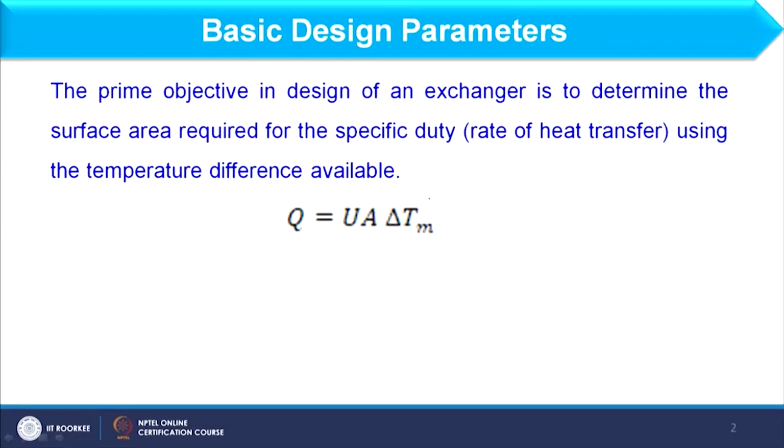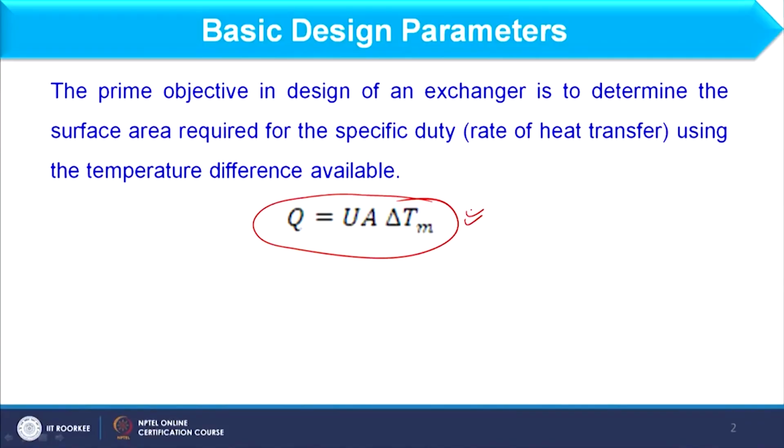So, the basic design equation, everybody knows, if he or she is a chemical engineer, is Q is equal to UA delta T M. Delta T M sometimes we call delta T LM, that is basically the log mean temperature difference, but here we are generalizing it, mentioning delta T M as a mean temperature difference, that may be LMTD also.